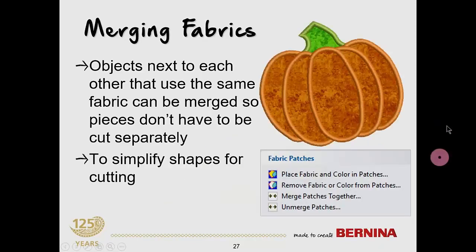You can also merge fabrics when you are using the advanced applique tool. And what this means is it's going to simplify the shapes. So there are 5 different objects here in the advanced applique pumpkin. And if I merge these fabrics, I can combine all these separate shapes into one shape, and it will be easier for me to cut out and apply the fabric.